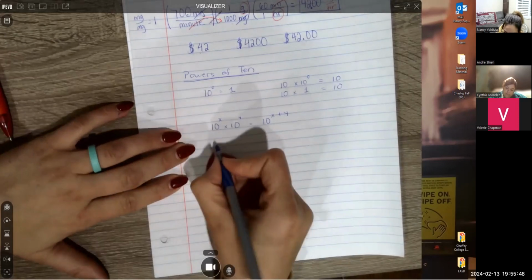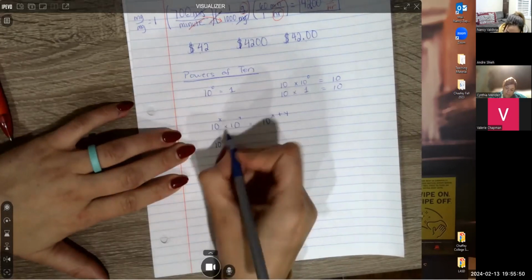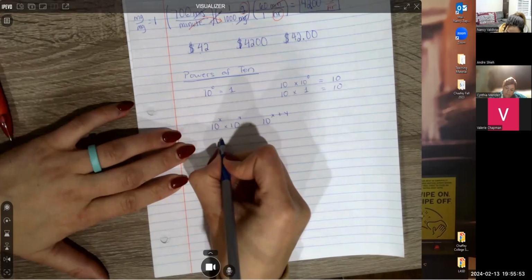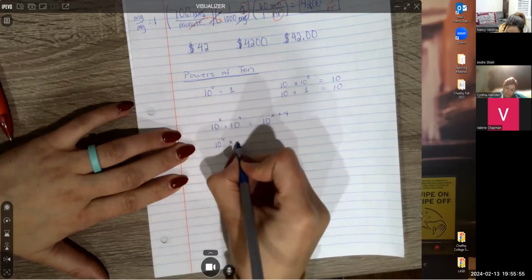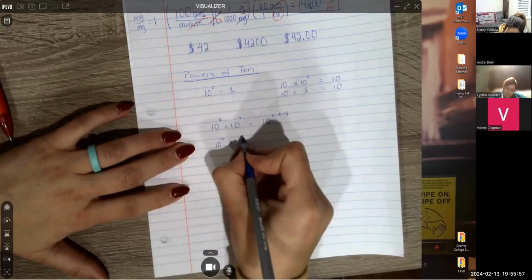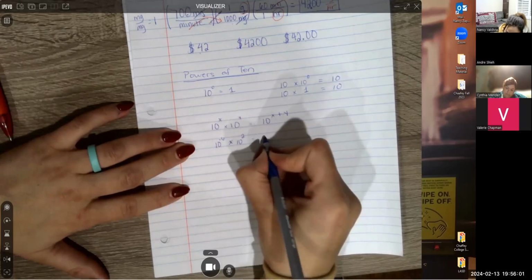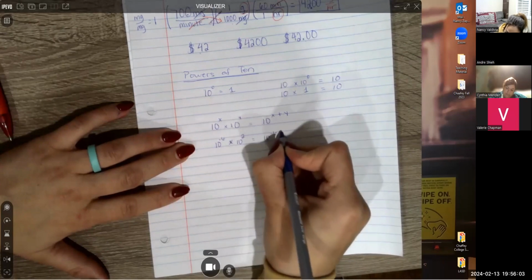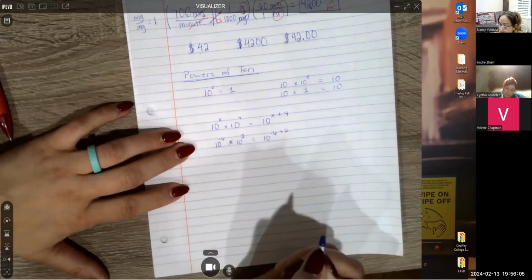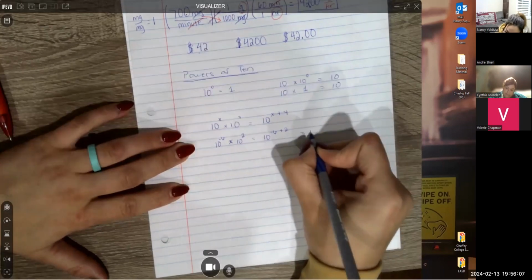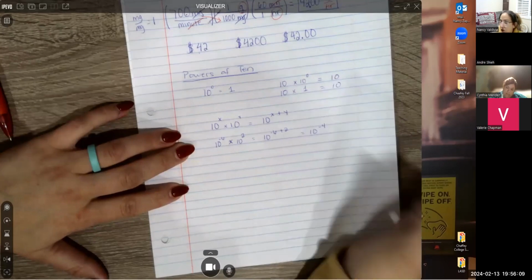So an example would be 10 to the negative 6 times 10 to the 2, right? That's going to give me 10 to the negative 6 plus 2, which would give me 10 to the negative 4.